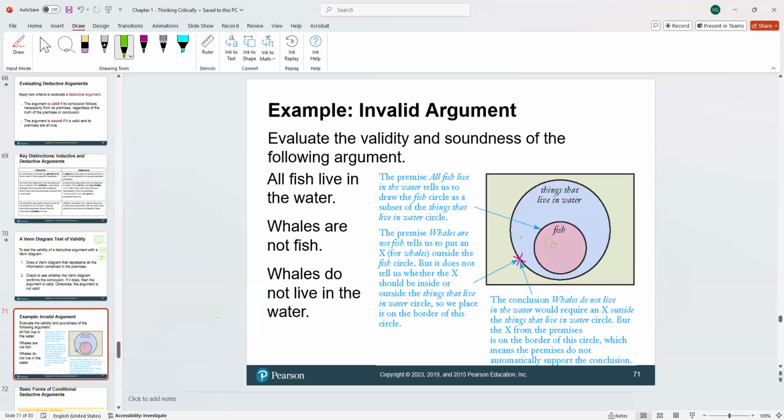But it does not tell us whether the X should be inside or outside the things that live in the water circle. So we place it on the border of the circle. The conclusion, walruses do not live in the water, would require an X outside the things that live in the water circle. But the X from the premises is on the border of the circle, which means the premises do not automatically support the conclusion.